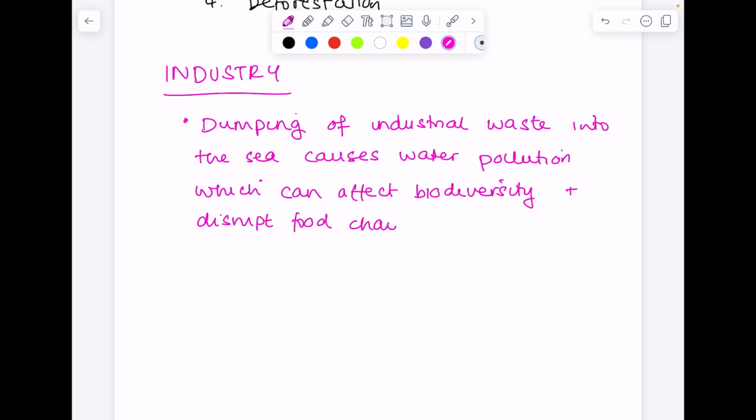Remember, biodiversity relates to the variety of living organisms, whether that's plant or animals within a particular ecosystem. So obviously dumping of industrial waste will reduce biodiversity.